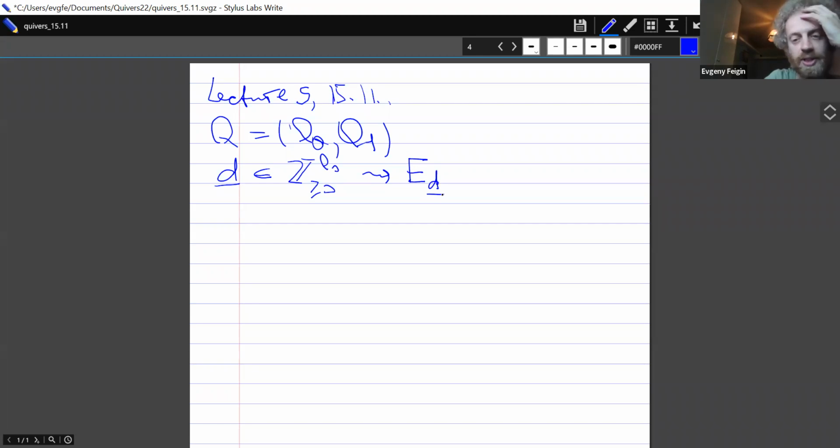So this E_d is nothing but the direct sum over all arrows of the spaces of homomorphisms from k^{d_{s(alpha)}} to k^{d_{t(alpha)}}.